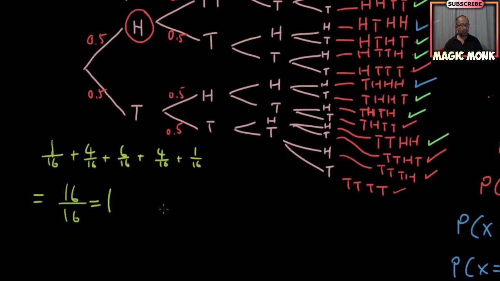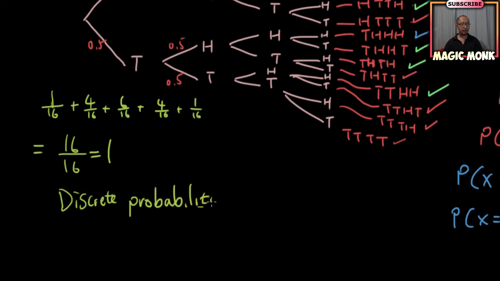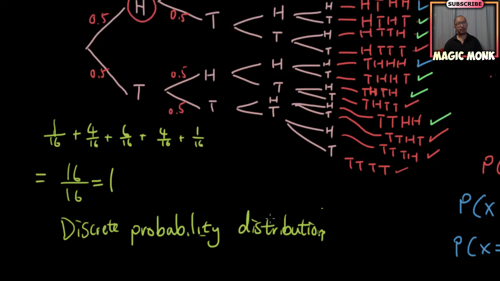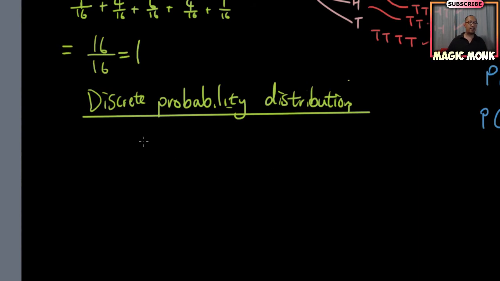Now, this satisfies what we call a discrete probability distribution. Discrete probability distribution, and that says that the sum, so that this term here means sum, the sum of all the probabilities of X occurring is equal to 1.